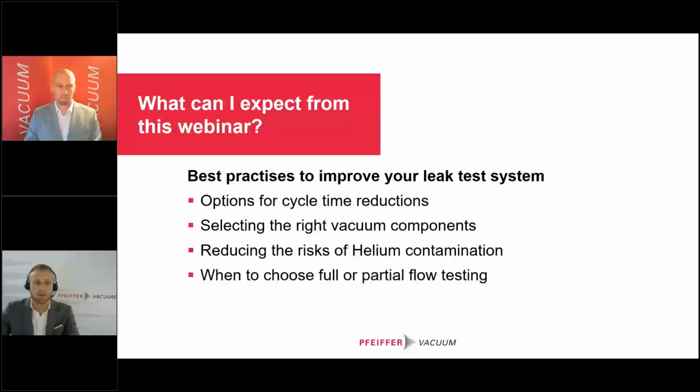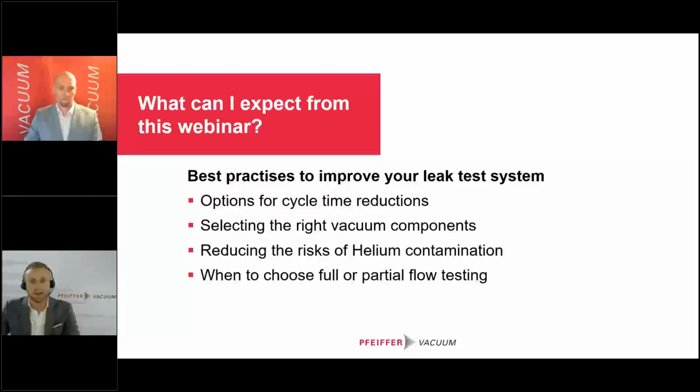And I think this is particularly important for the automotive industry, because here it usually counts really much what productivity your leak test system has, what's the cycle time, and every second that you can save is worth a lot. Coming with this is just as important the selection of the right vacuum components, because if you have the right components in place and the right setup, this will enable you to achieve additional savings.